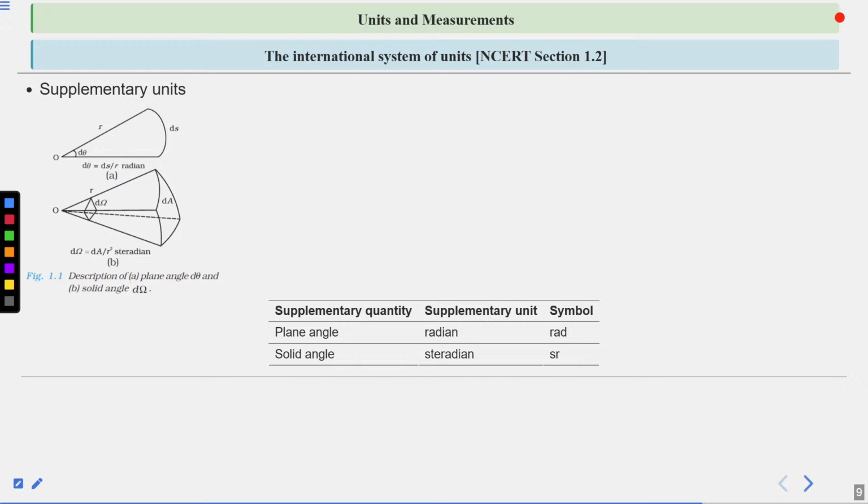So we have two units, plane angle and solid angle, and we call them supplementary units. The unit of plane angle is radian, and the unit of solid angle is steradian. The symbol of radian is rad, and of steradian is sr.